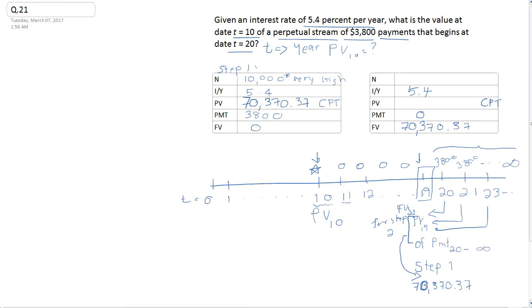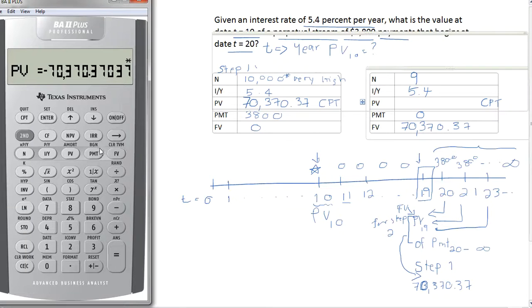So count from 11 to 19, how many times? So 11, 12, 13, 14, 15, 16, 17, 18, 19. So that is 9 periods. Okay. So you compute for PV with this information.